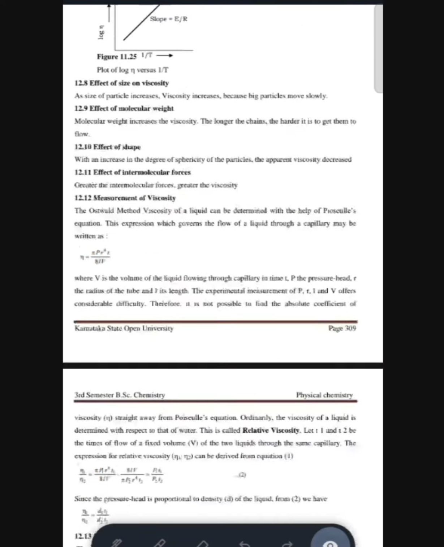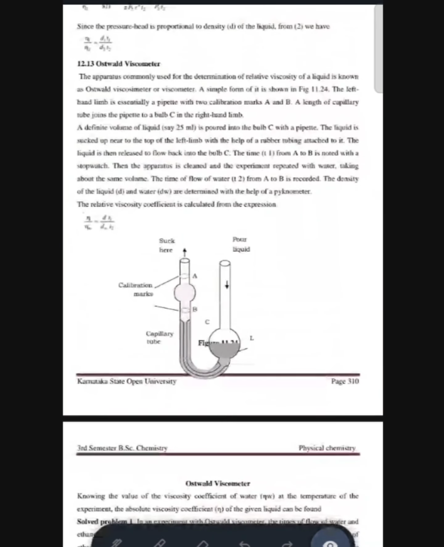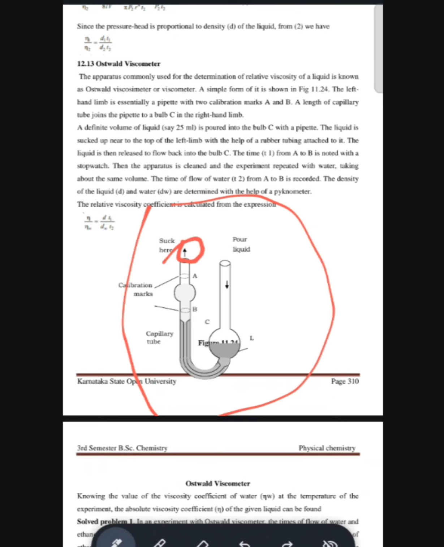So how are we going to measure the viscosity of a liquid? With the Ostwald viscometer. Here the radius of the tube is important, and the flow rate of the liquid, that is the volume which flows through the capillary tube in a given time.